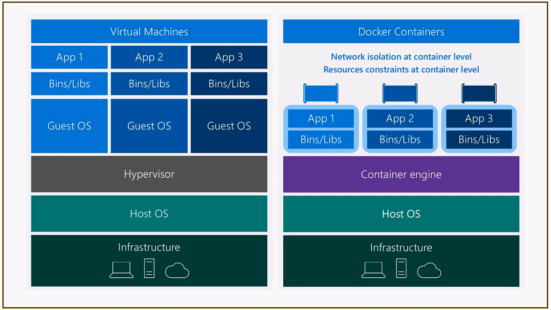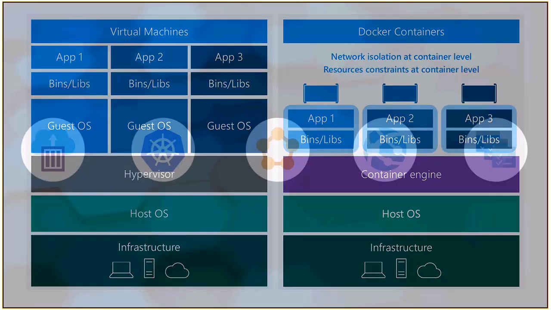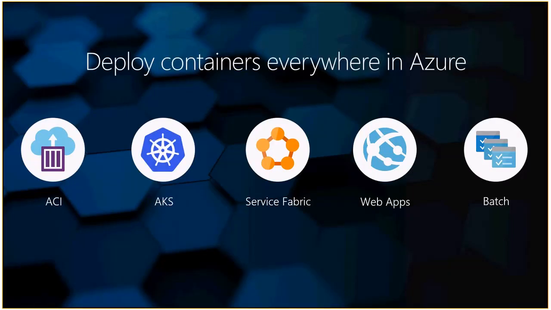In the container world, this hypervisor is replaced by the container engine, which is basically Docker, and it provides you the ability to run containers on top of it. And since containers are more compact, you can fit more containers on a host OS than you can fit VMs. Okay. Any questions so far?